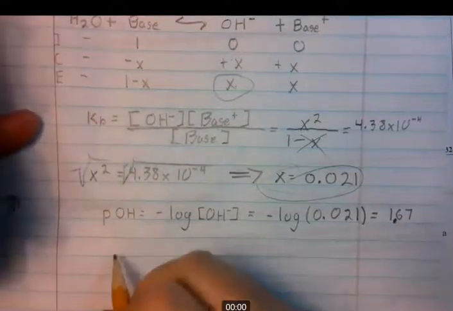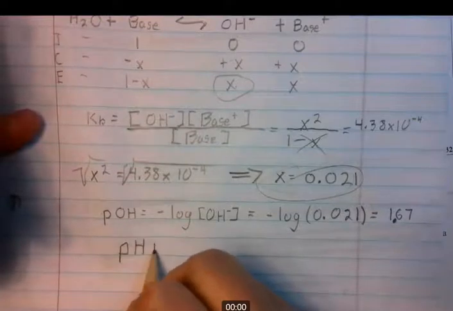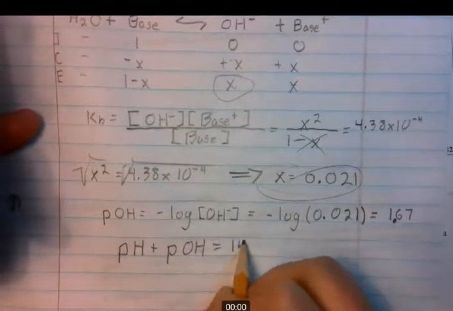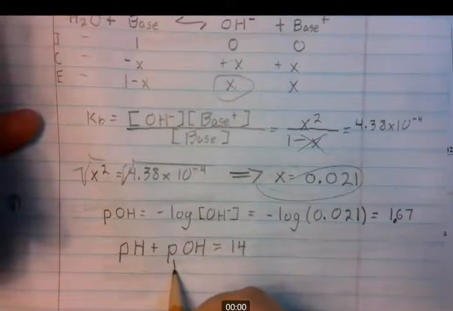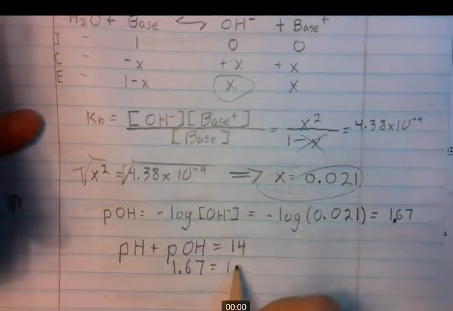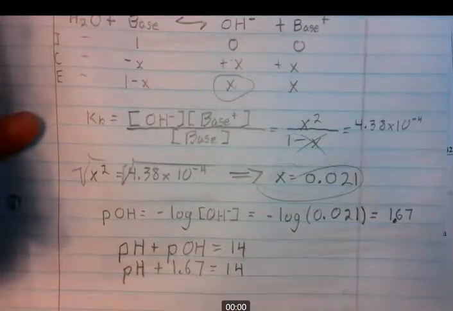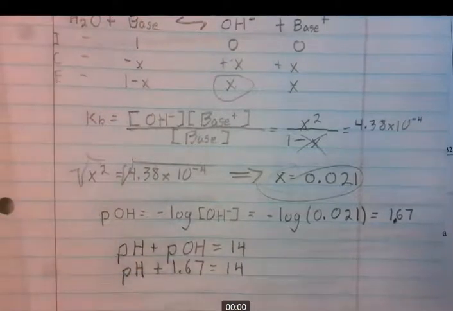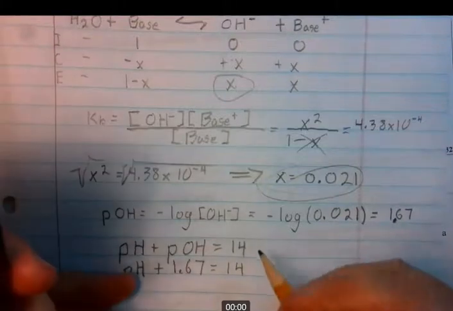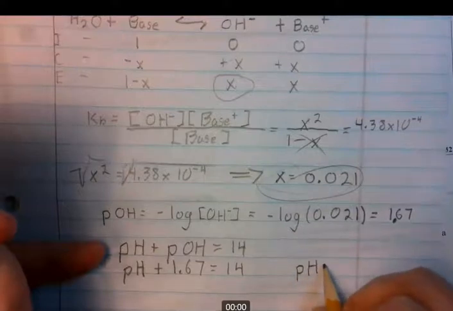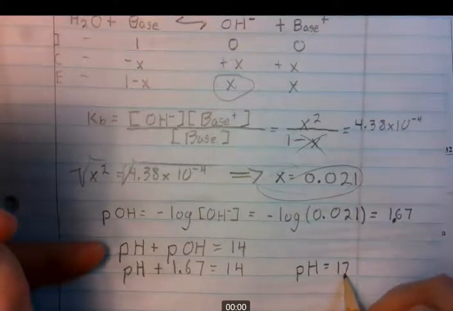So that's pOH. So we know that pH plus pOH equals 14. So 1.67 plus pH equals 14, so 14 minus 1.67 gives you a pH of 12.3.